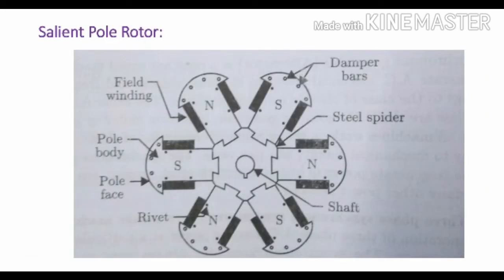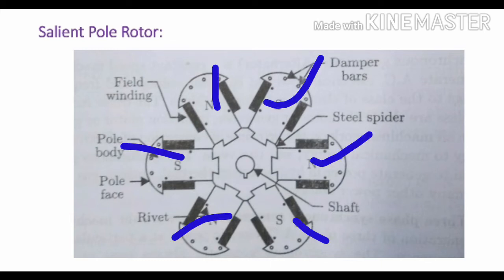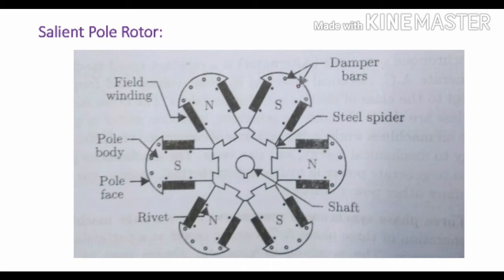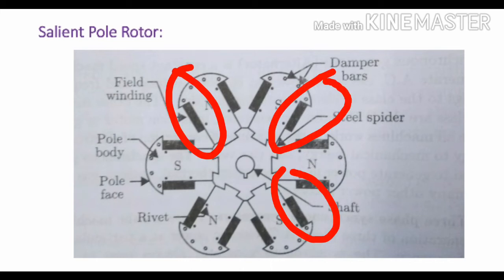In salient pole rotor, there is a rotor core at the center through which a shaft passes. From this rotor core, the poles are projected outward. On the longer part of the pole, called the pole core, the field winding is placed.